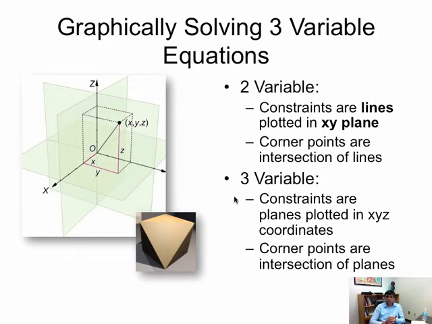And in 2 variables, the corner points are intersections of lines, and in 3 variables, the corner points are intersections of planes. Of course, as the number of variables goes on increasing from 3 to 4, the graphical method gets more and more complex, and we have to find a different method of solving LP. We will take a look at that in the following lectures.